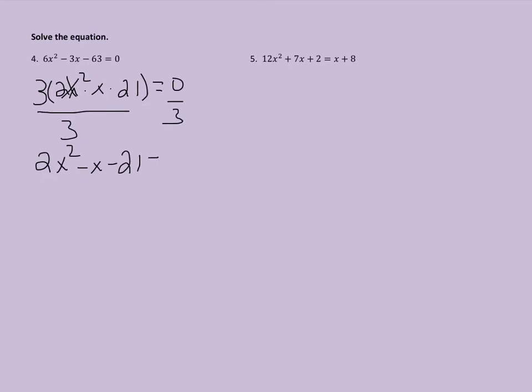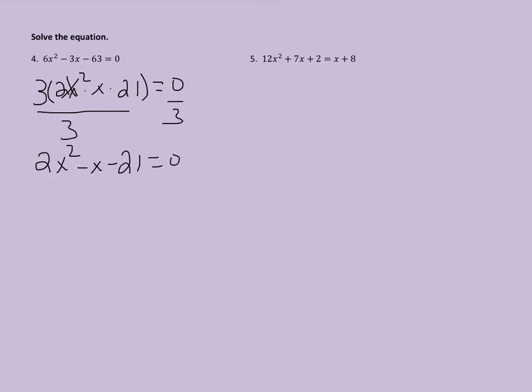So if I factor out the 3, I get 2x squared minus x minus 21 equals 0. But really what we could have done with that 3 is divide by 3 and just get rid of it. So you get 2x squared minus x minus 21 equals 0.